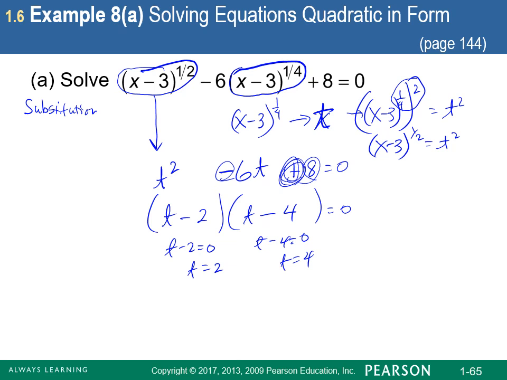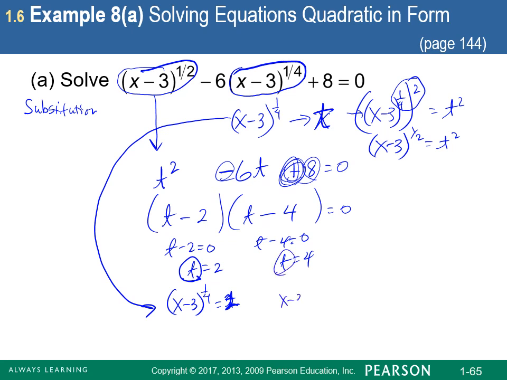Now we go back to what we did in the beginning and change the t back into x minus 3 to the 1/4 power. Yeah, I didn't mean t, I meant 2. And likewise, and then we need to finish solving. I'll change colors. Raise both sides to the 4th power.